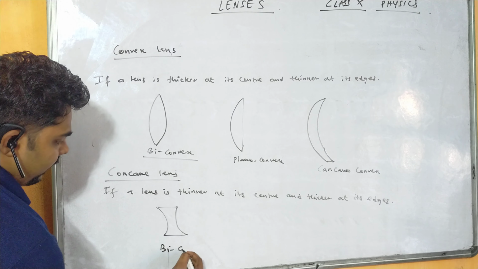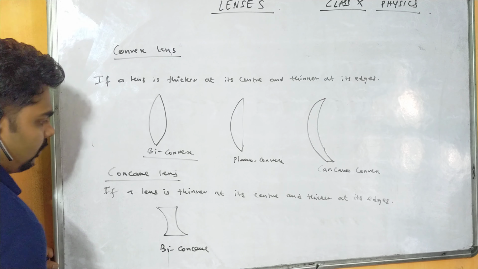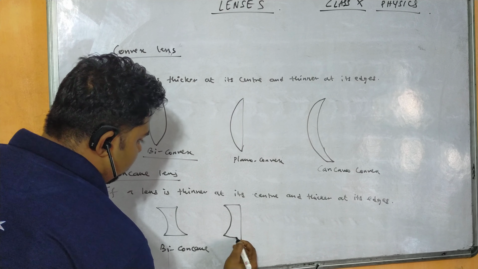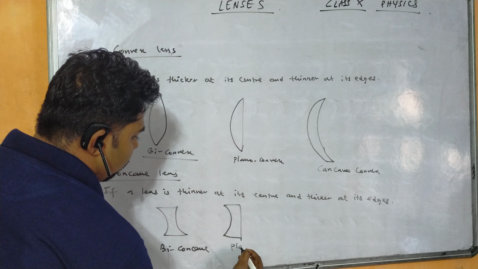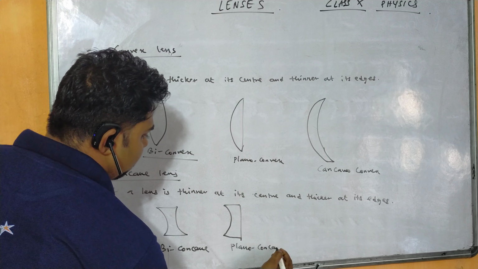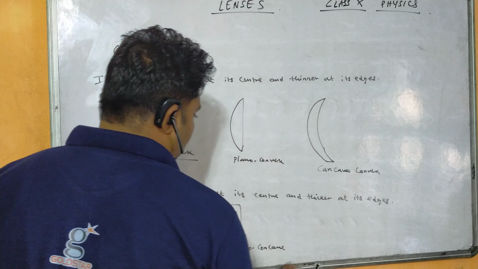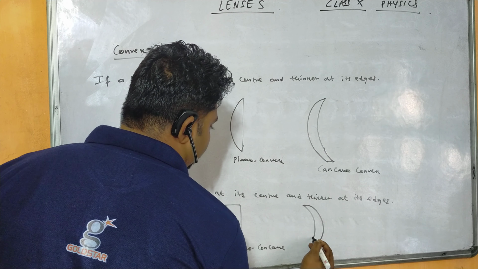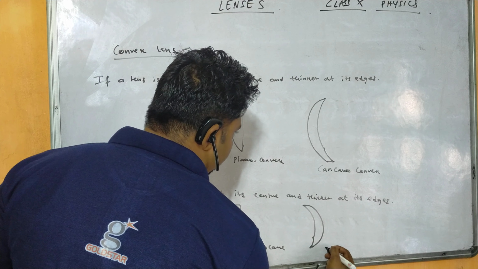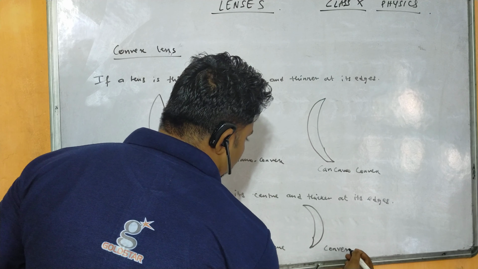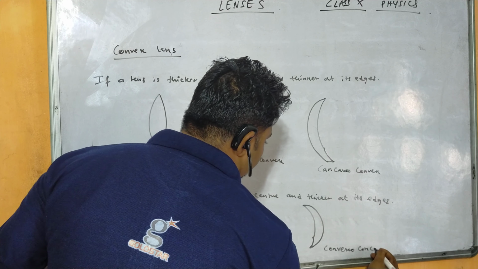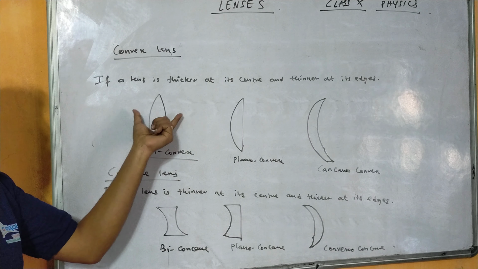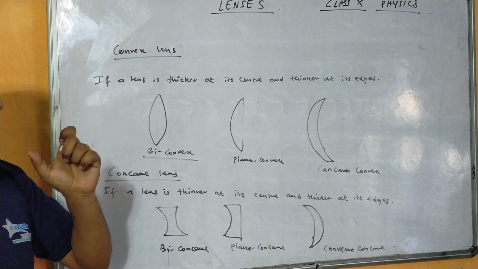This is called biconcave, and similarly this shape is called planoconcave, and this shape you can say as convexoconcave. So these are the different types of concave lens and these are the different types of convex lens.